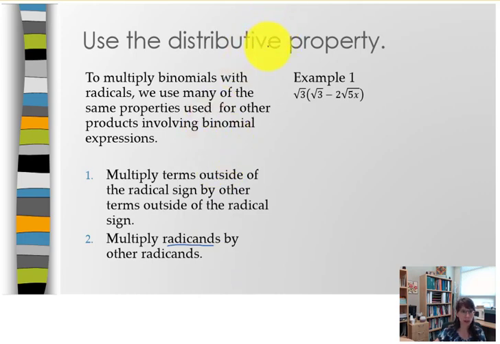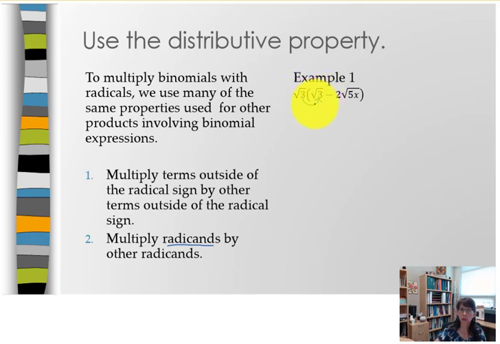So how that works, for example, number 1, you'll see that the square root of 3 is a term under a radical. Since 3 is the term under the radical, 3 will then be multiplied by this other 3 that also is under the radical.